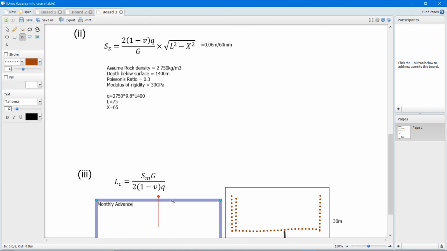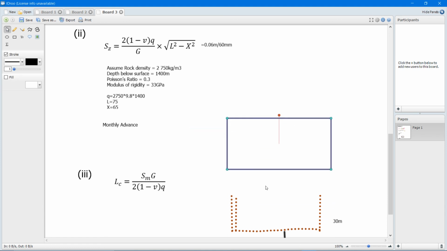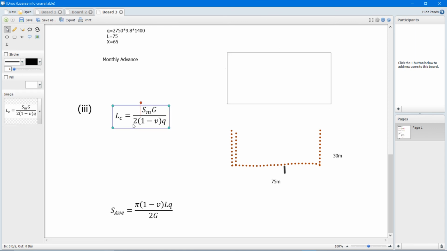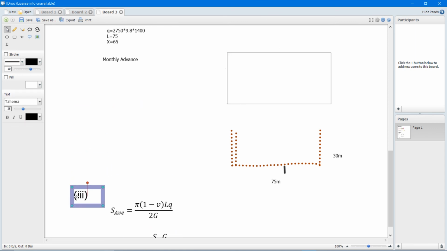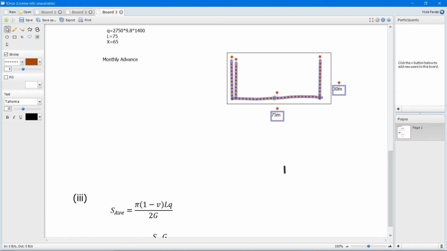Now let me just move these things that are interfering so that we just have clarity there. Let's just group this and put it back where it belongs in the panel. No, we left something out.